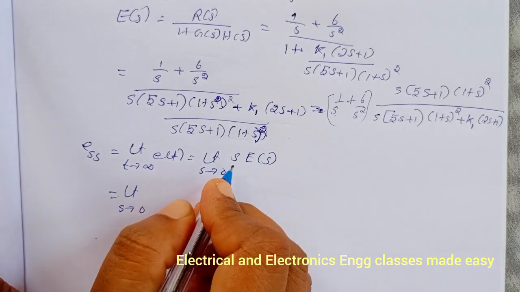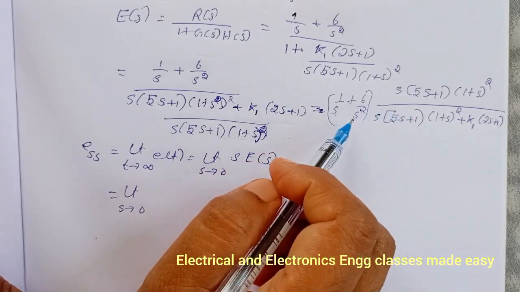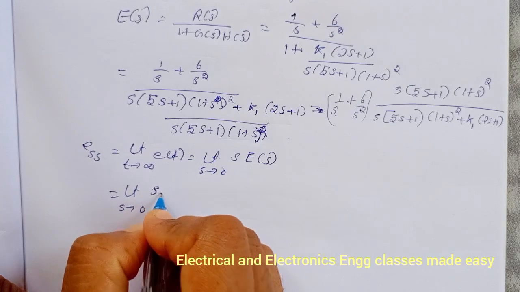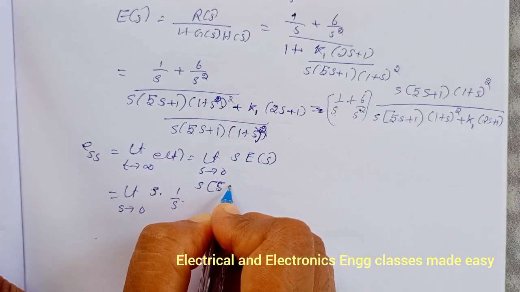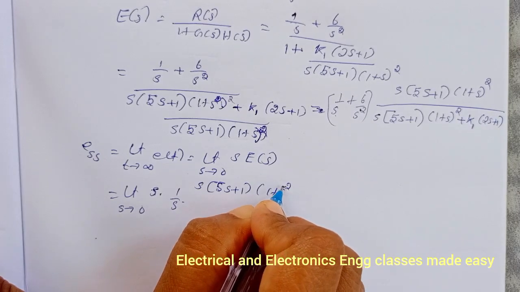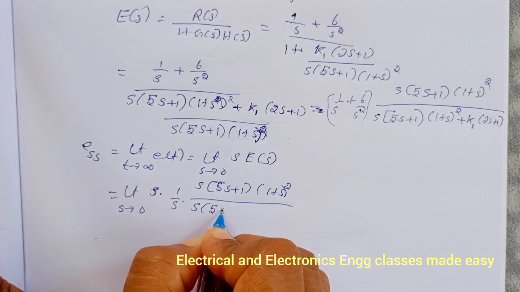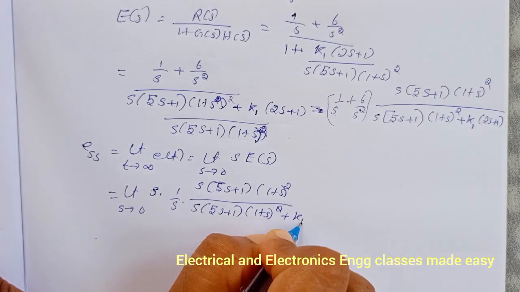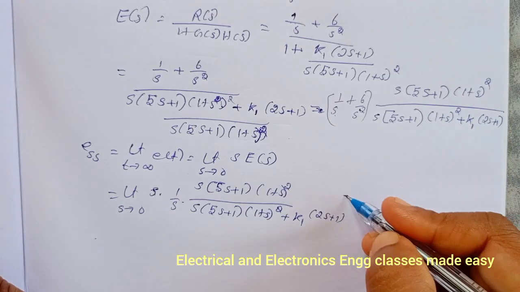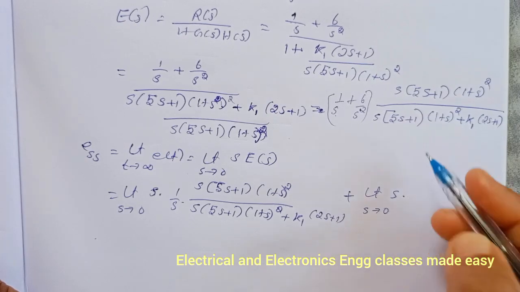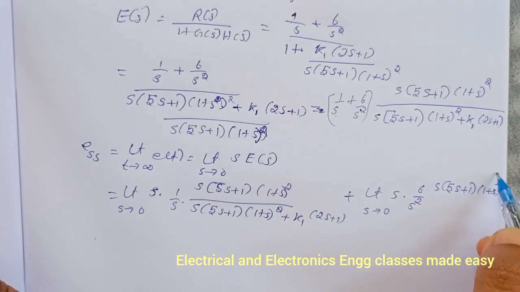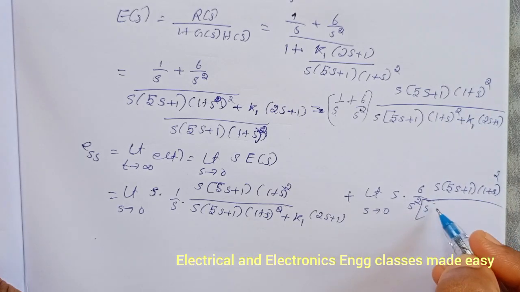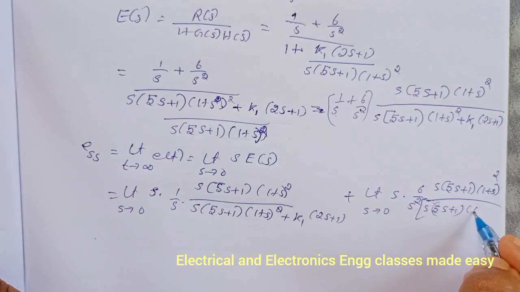After opening the bracket we get limit s tends to 0 of s into (1 by s) into s into (5s + 1)(1 + s) squared divided by [s into (5s + 1)(1 + s) squared + K1 into (2s + 1)], then again plus limit s tends to 0 of s into (6 by s squared) into s into (5s + 1)(1 + s) squared divided by [s into (5s + 1)(1 + s) squared + K1 (2s + 1)].